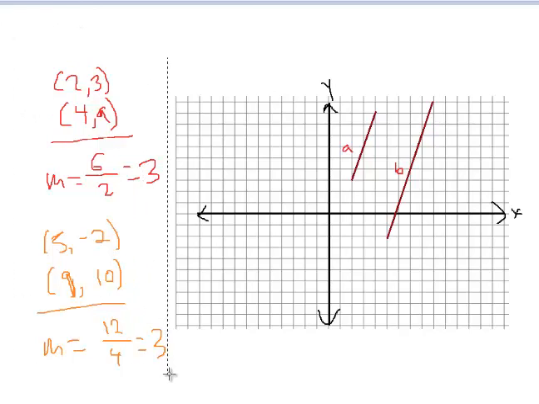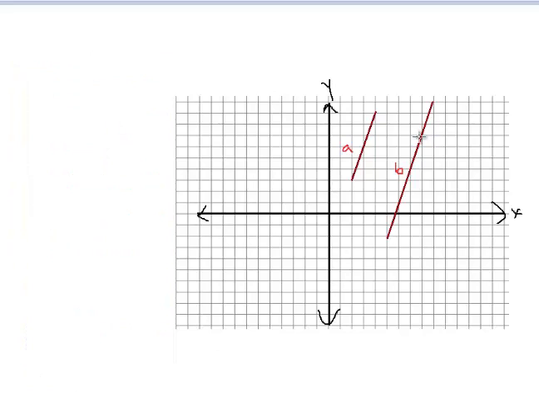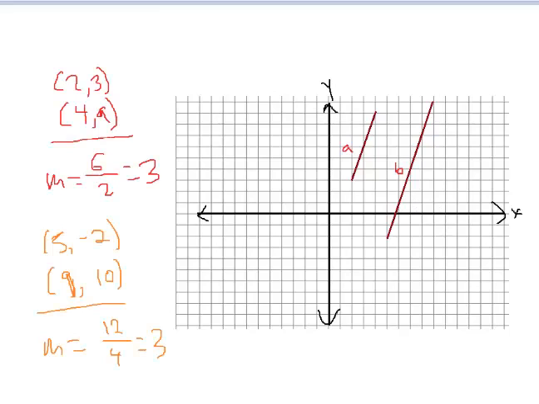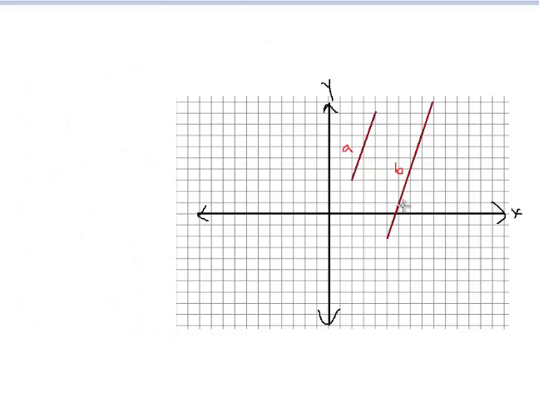Let's draw another line into the equation over here. And I'm going to take this green line, and I'm going to start it at this point, and I'm going to draw a line that looks something like this. Okay. Now, what is the slope of this line?